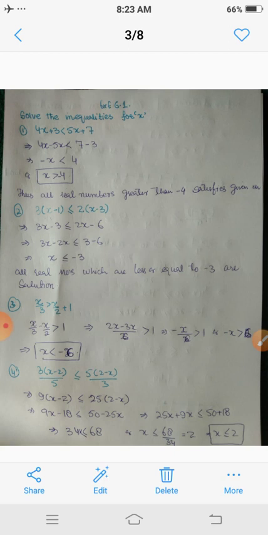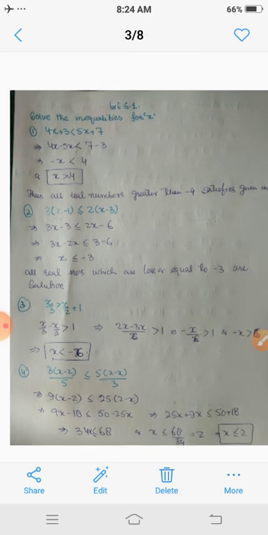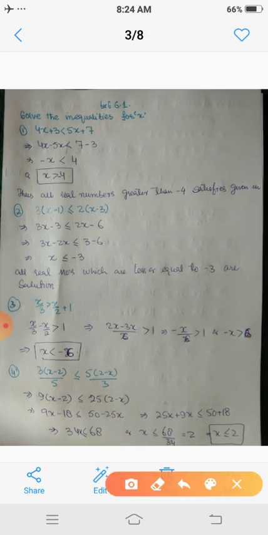The first one is: find the value of x such that 4x + 3 < 5x + 7. By transferring the 5x variables to one side and the constants to the other, we get 4x - 5x < 7 - 3, which implies that -x < 4, or x > -4.